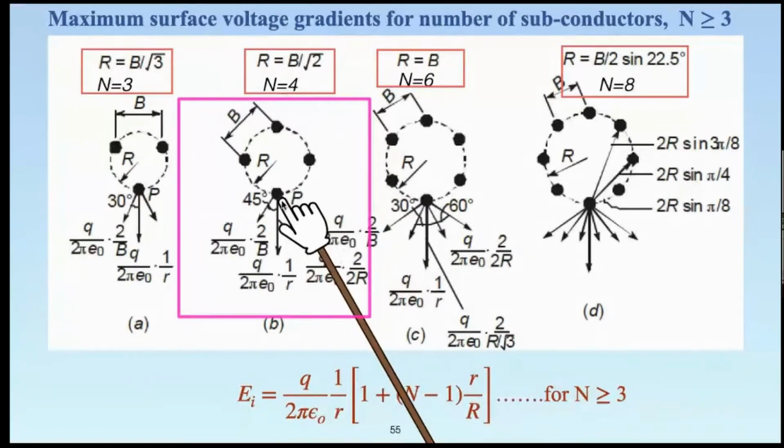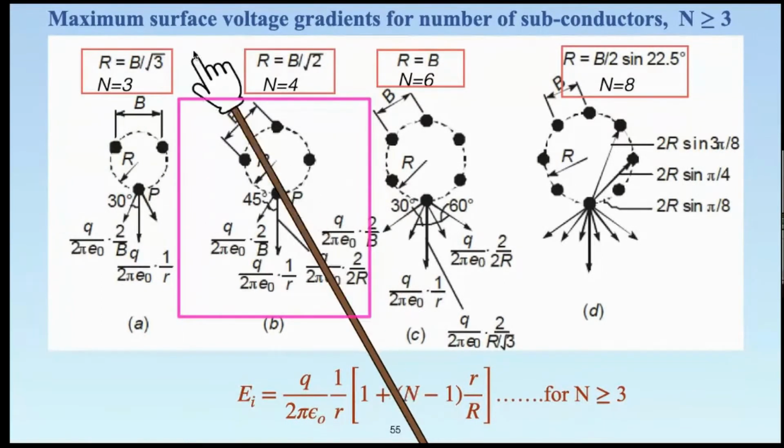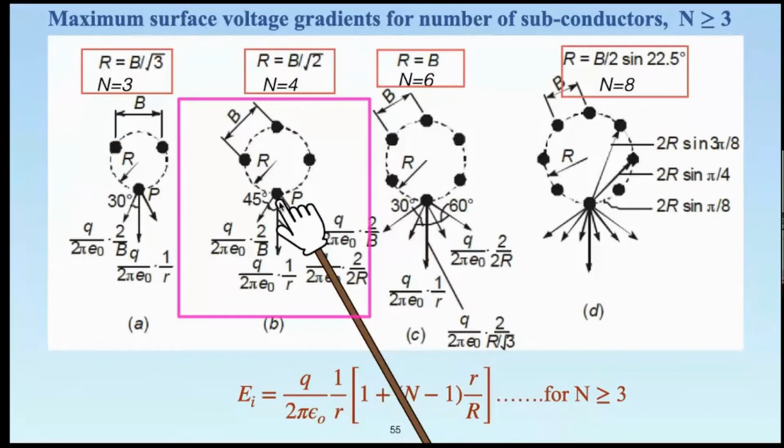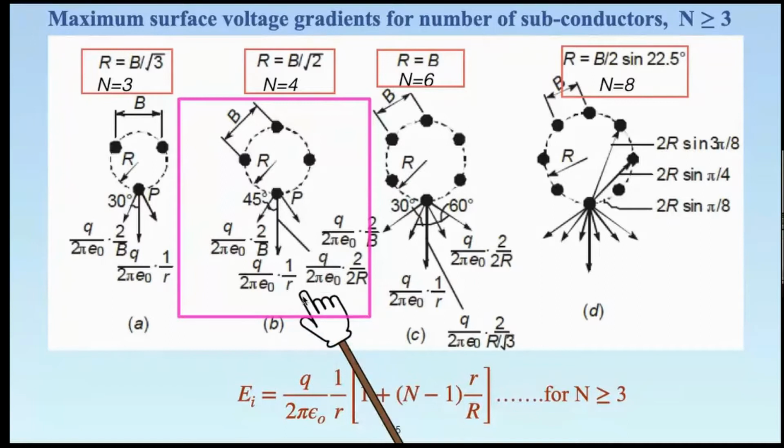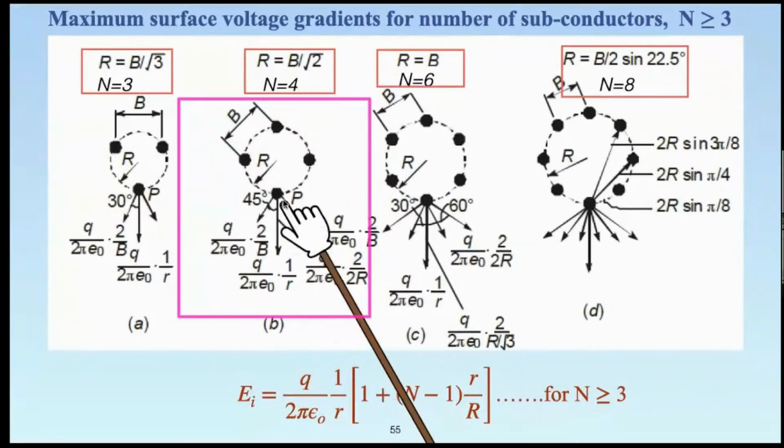And here you can observe, let us again try to evaluate the maximum surface voltage gradient on surface of one of the subconductors. So for convenience, we are showing the bottom subconductor. When there is a bottom subconductor, you can see that there will be actually two components acting along this particular line.